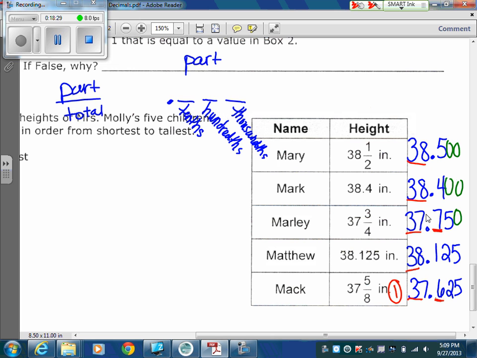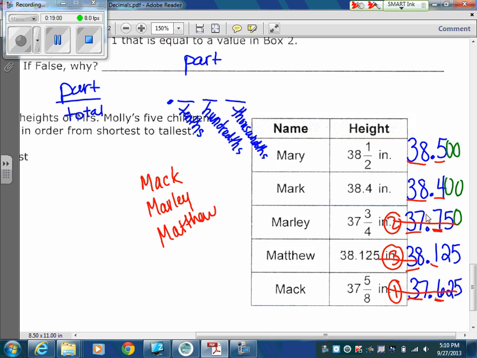And so I would start with Mac, and then I'm going to cross it out and get rid of it so I don't accidentally use it again. Then there's only one other 37. That's going to be Marley. That's number 2, and get rid of that one. And then go into our 38s and check your decimals. 38 and 1/10 is the next smallest, so that's Matthew.